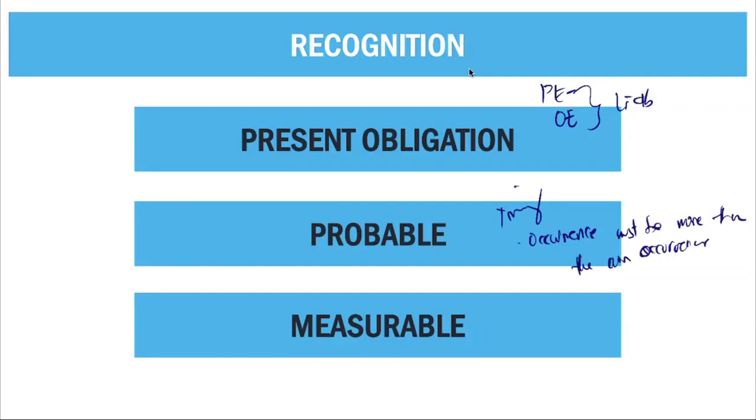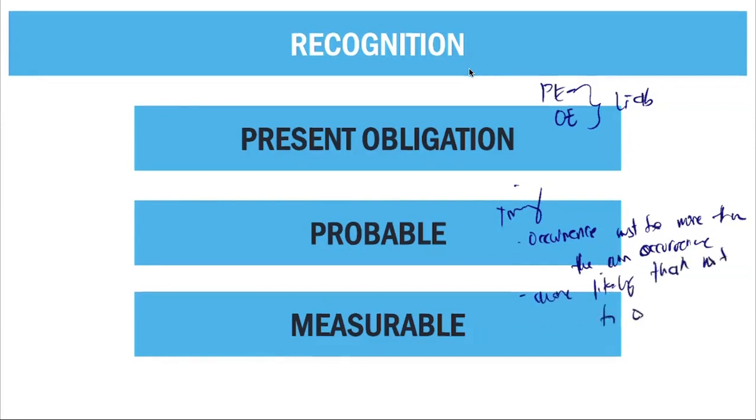The possibility that it can occur should be more than the possibility that it will not occur. So it must be more likely than not to occur. So it is more likely that the liability will happen than not happen. Okay? More likely than not. So the occurrence must be more than the non-occurrence of that liability.